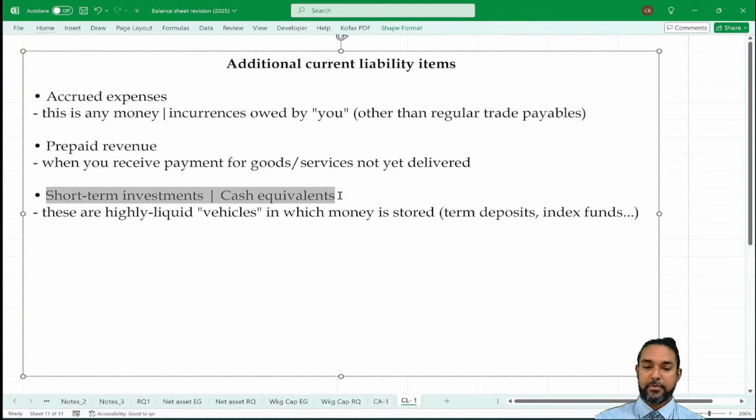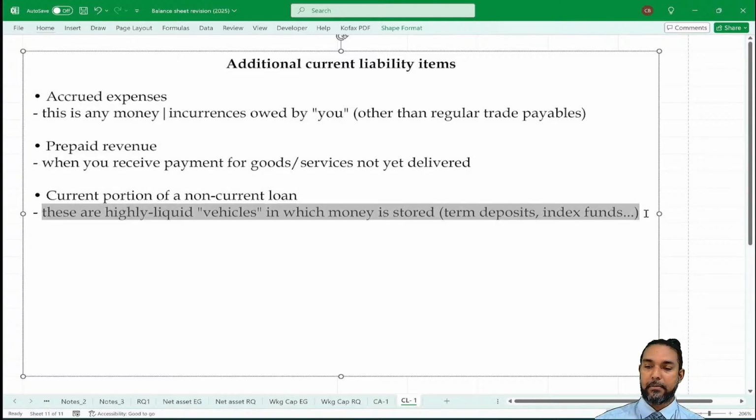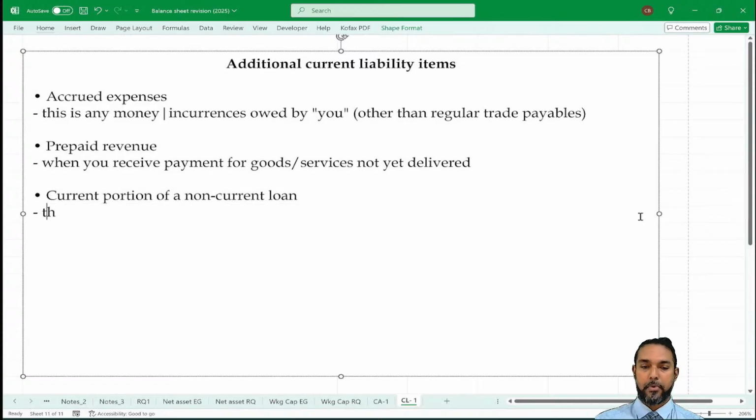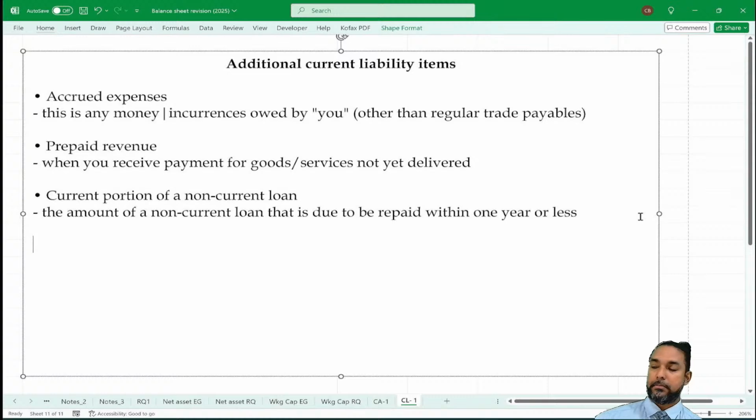Right. So we talked already about the current portion of a non-current loan, right? So we already kind of know what this is. It's a very basic definition, and we did it already, so we kind of know what it is, right? Don't forget bank overdraft, right?